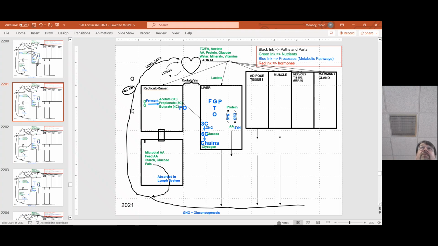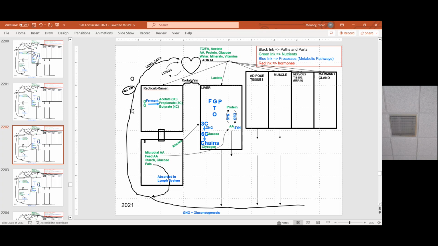So propionate, all of it goes to glucose. When we're looking at amino acids, they're going to be absorbed in the small intestine and go over into the amino acid pool of the liver. So our liver can make protein from stuff it synthesizes, and the amino acids, whether they're microbial or feed protein, that are absorbed.